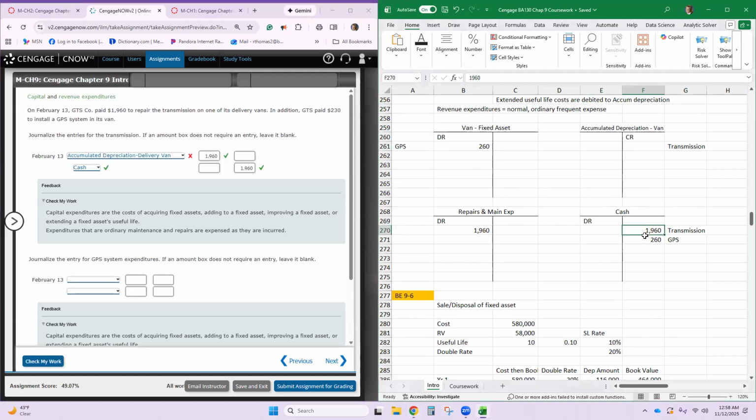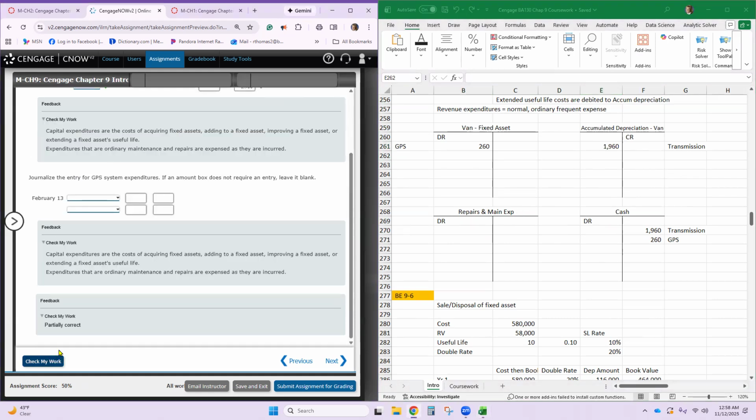So that's going to go up here. Cash is good. So it's not going to go in repairs and maintenance expense, which I thought it would. And I think this has been a change because this is something that I don't remember. So we're going to debit this for the transmission, I believe is what we have here.